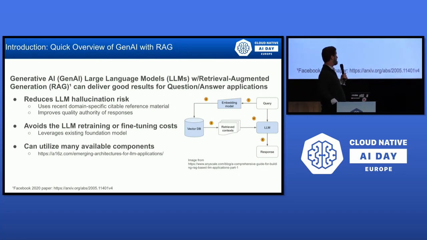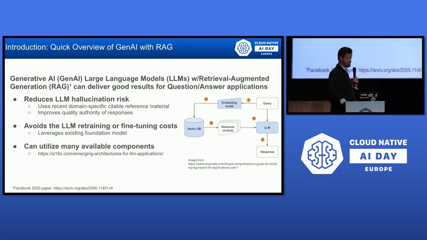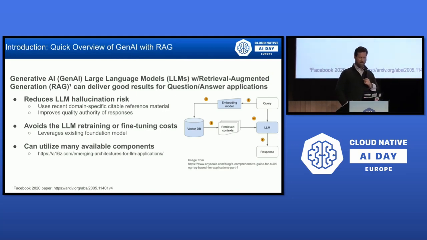All right, why might you want to use GenAI and RAG? Well, RAG with GenAI specifically. I think most folks here already know the answer to this question too, but just in case it bears repeating, layering RAG on top of GenAI reduces your LLM hallucination risks, and also because it's using recent domain-specific information to augment that.